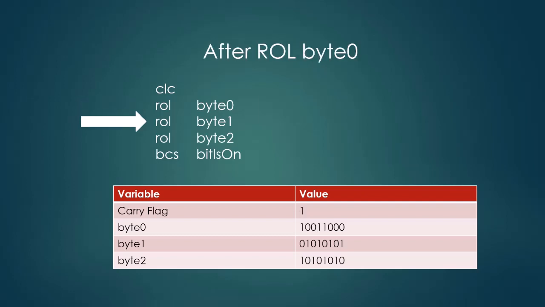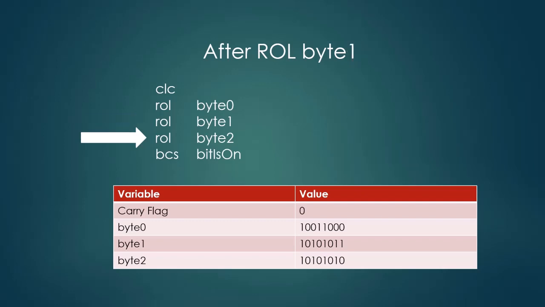After the first ROL instruction, byte 0 is rotated left with the contents of the carry flag rotated into bit 0 of byte 0, and the contents of bit 7 of byte 0 rotated into the carry flag.